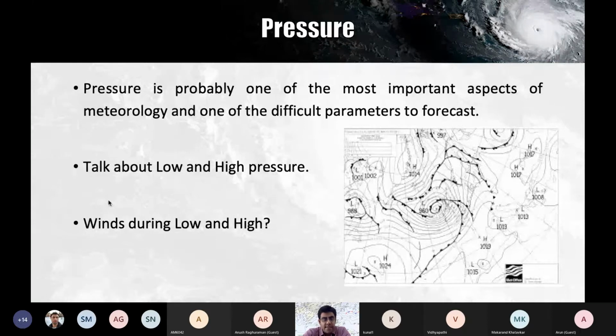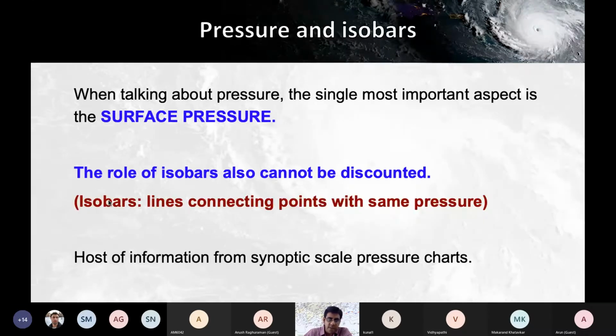How do the winds behave during these low pressure and high pressure systems? Those are the important aspects of pressure, because pressure governs the wind patterns as well. The best example is a cyclone. If the cyclone pressure is very low, then winds are very high. So there is a definite correlation between winds and pressure. That makes pressure one of the most important variables.